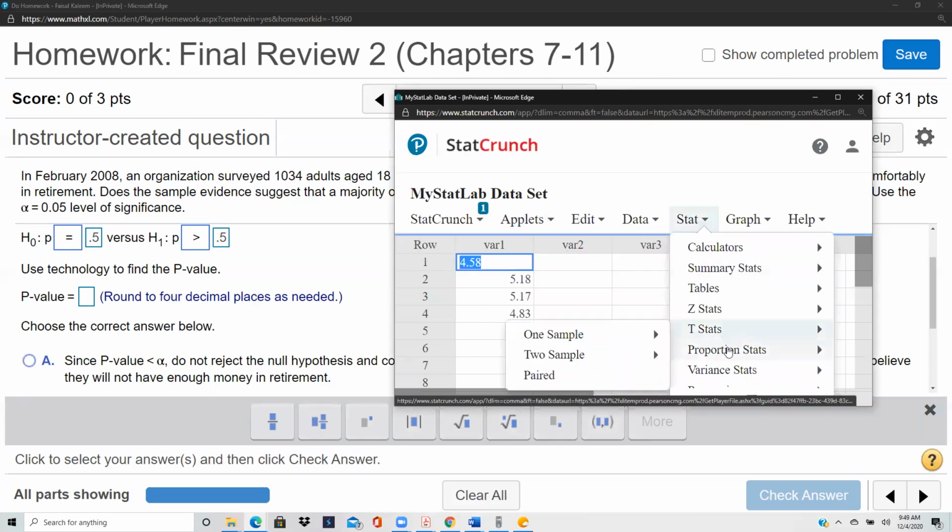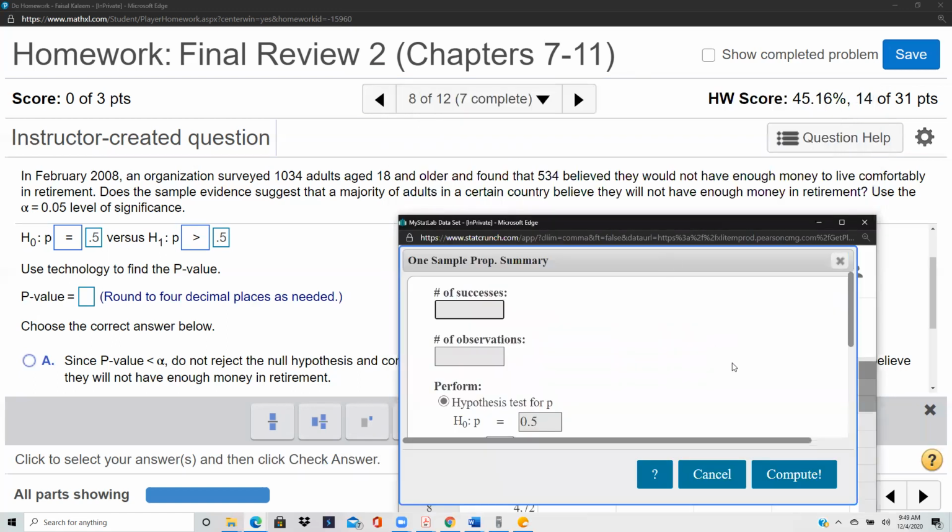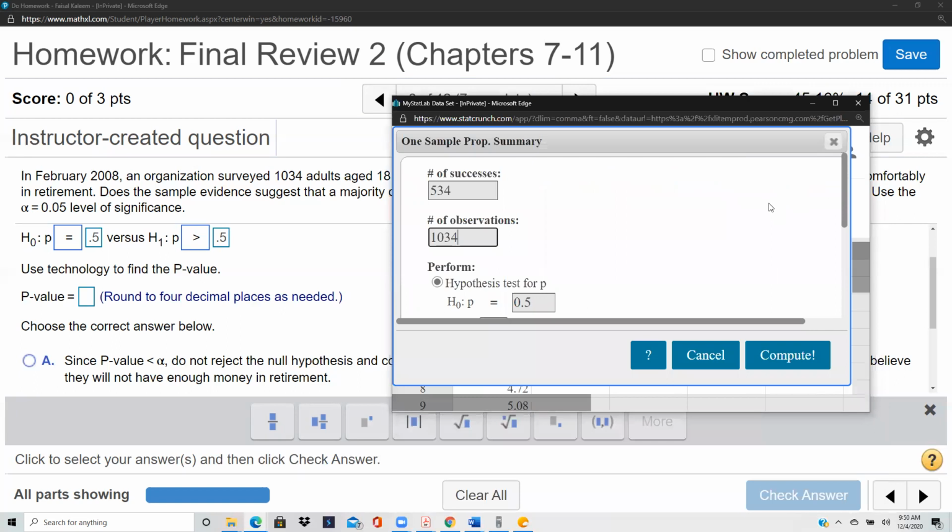Stats, proportion stats, one sample, summary. Okay, so what are the successes and observations? 534 would be successes, and observations would be 1034.